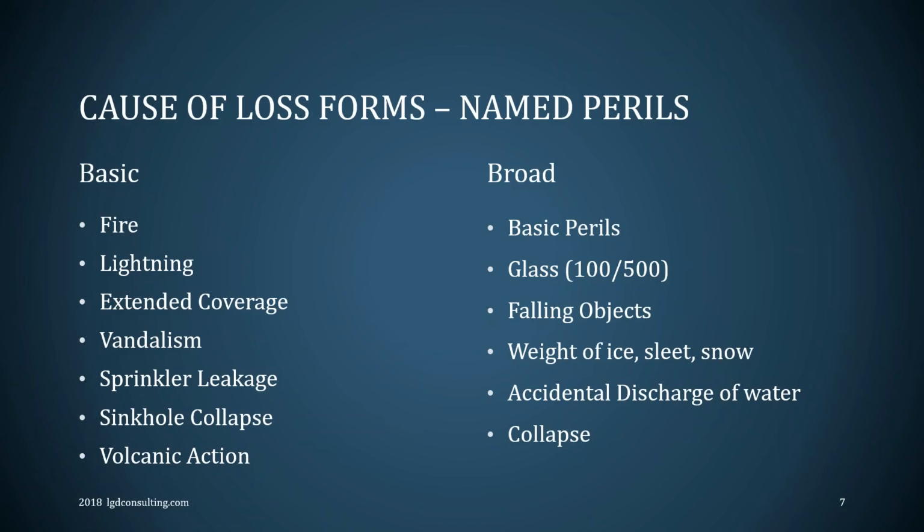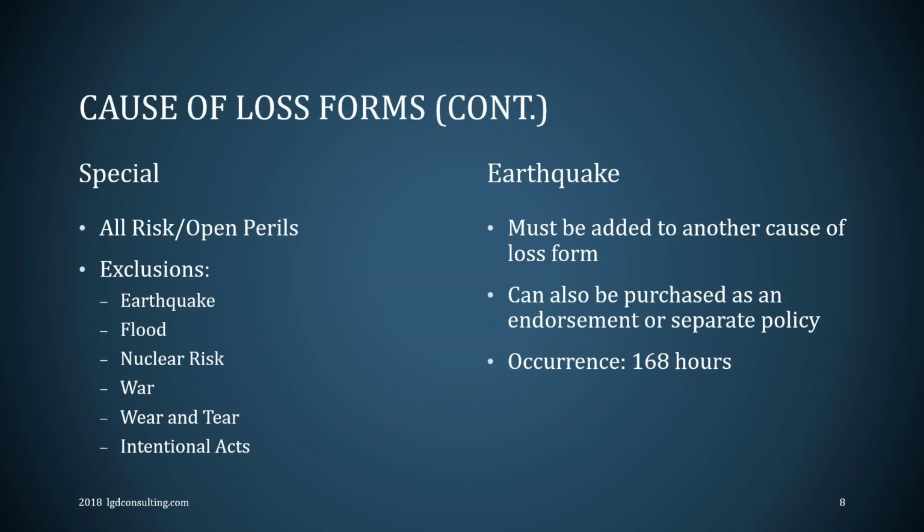So, a slow drip within the walls, which caused a mold or mildew, whatever, that's not going to be covered because that was like wear and tear over a period of time. All right, so it's got to be a ruptured pipe, and you can put a specific date and time to when that loss occurred. All right, collapse is also covered on the broad form, not covered on the basic form. And so every once in a while, you do get these comparison contrast questions on your test, and know what the broad form covers on top of what the basic form covers. Okay.